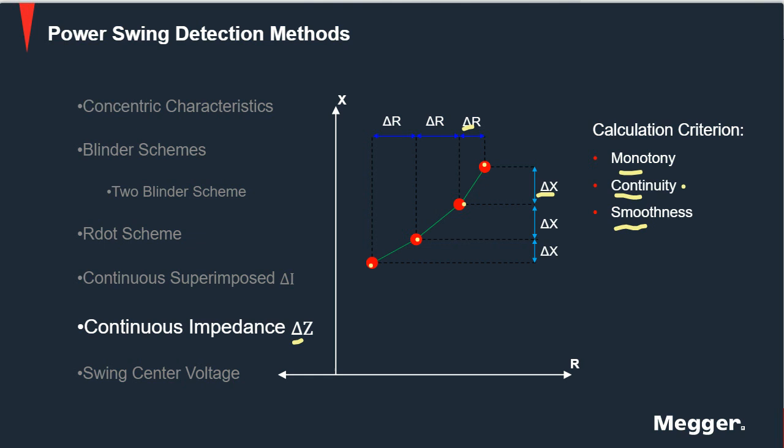Smoothness means that the movement should be uniform without abrupt changes. So the variation of the resistance over time from one point to the other should not be greater than a limit, and the variation of the reactance from one point to the other should not be greater than a limit. If it's not smooth, then you're probably in the presence of a fault or a measurement issue, so you may as well declare a trip.